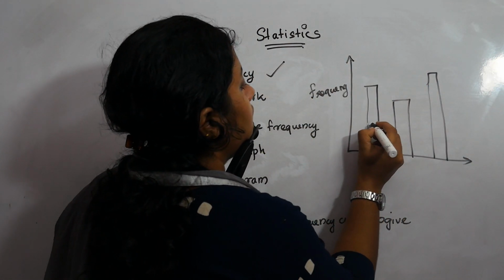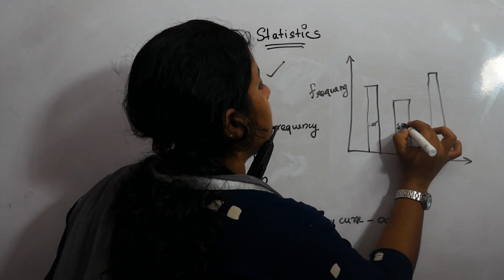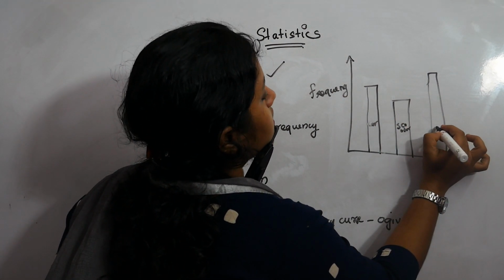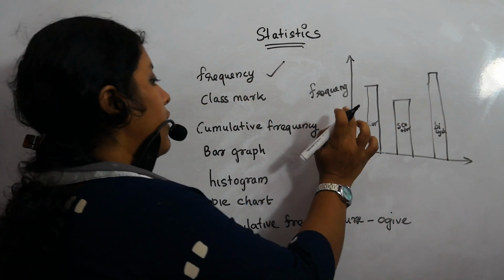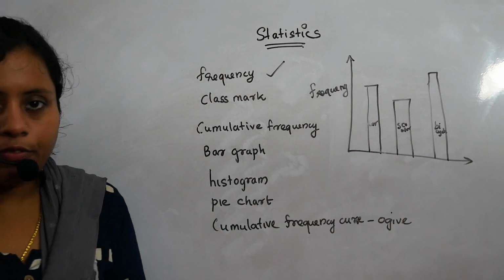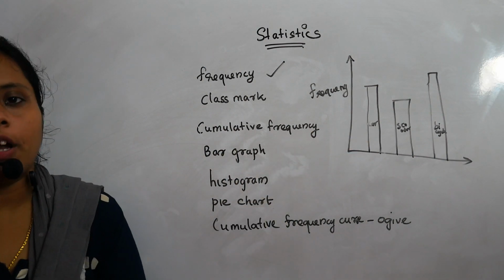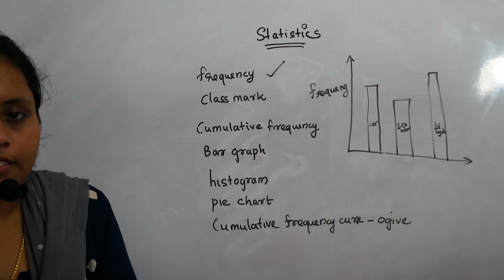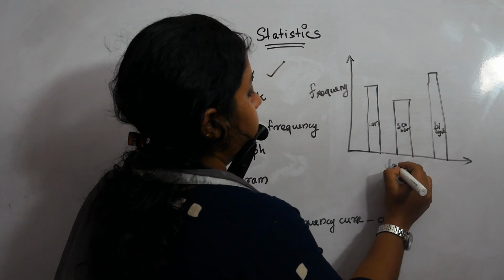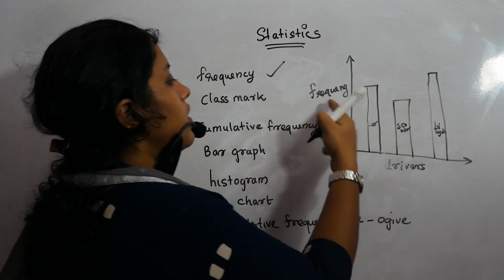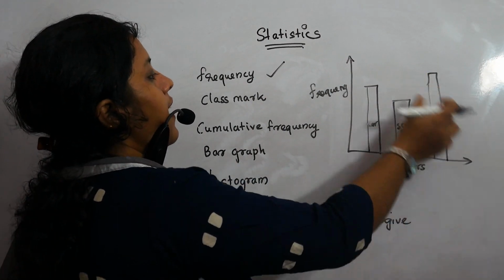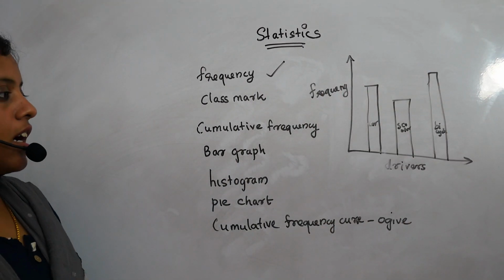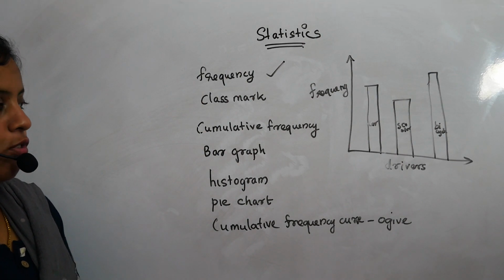So this is car, this is scooter, this is bicycle. We have frequency on the y-axis and the data, suppose drivers, on the x-axis. We'll have bars and their frequencies. Understood? This is an example of a bar graph.